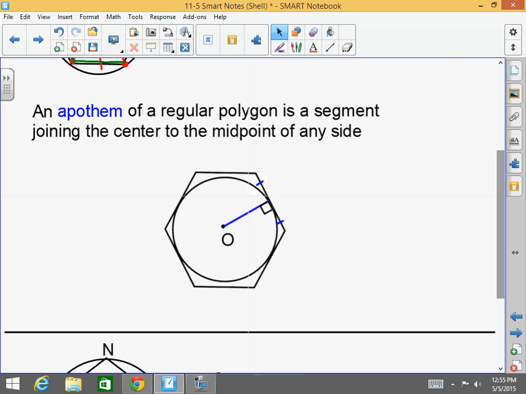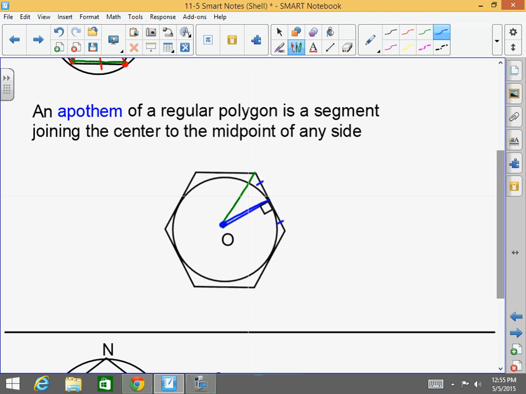Notice that now, if I come from the center and I go to my vertex, is that the radii of the circle? No. The apothem is the radii of a circle that is inscribed inside of a polygon. Please be aware of that.